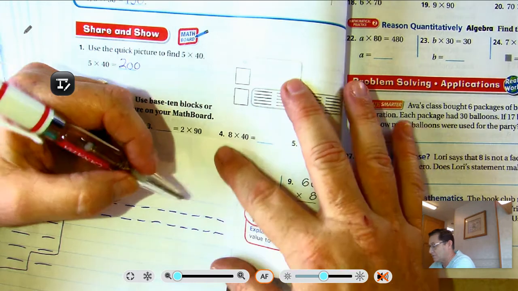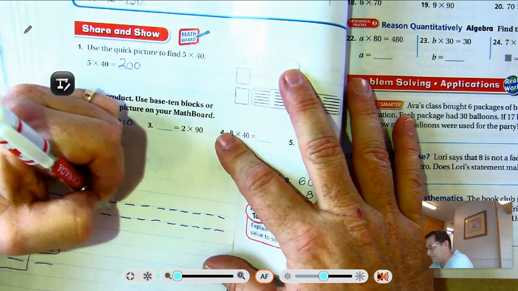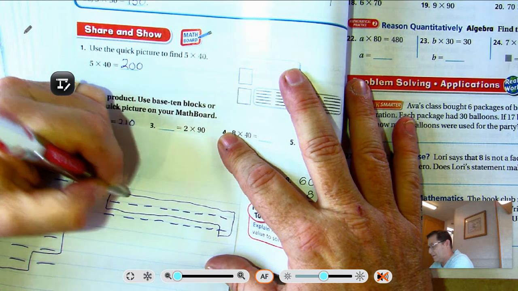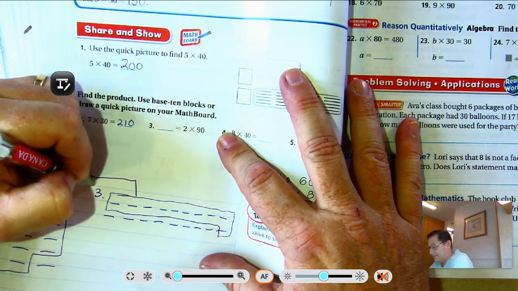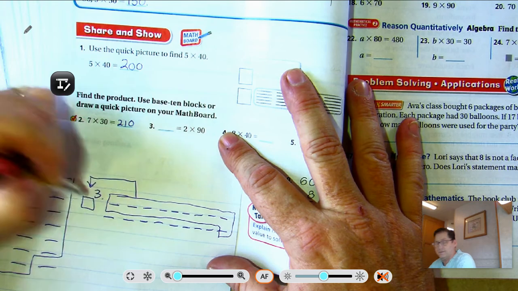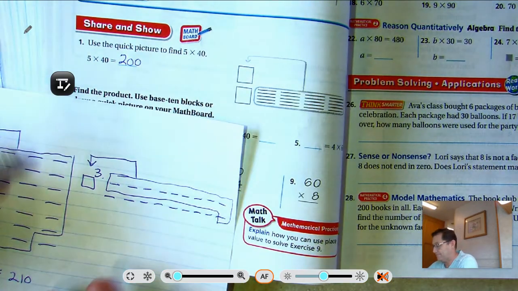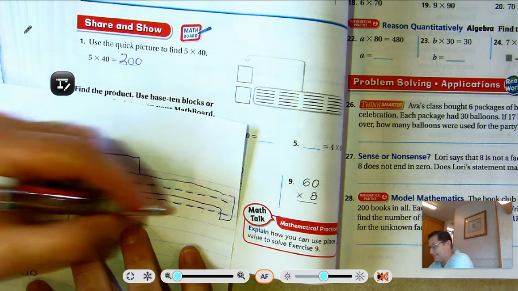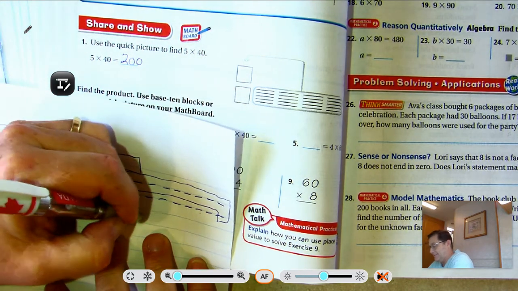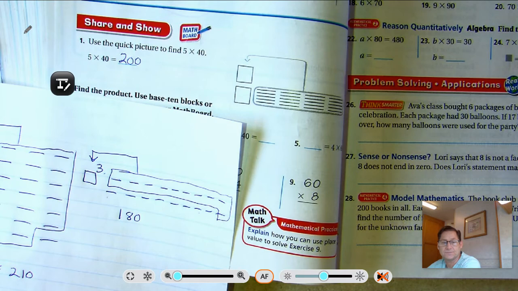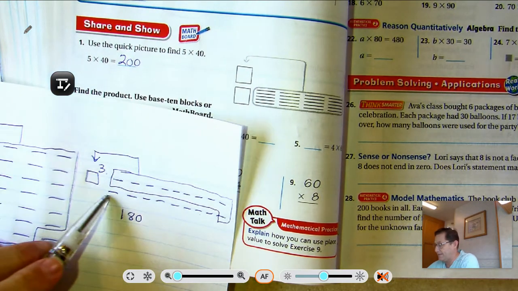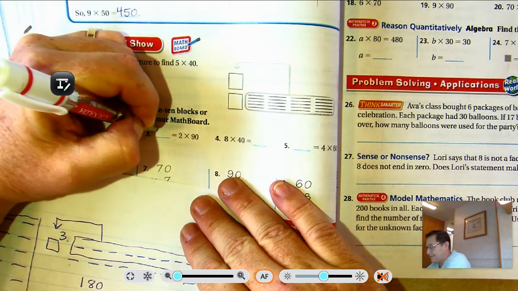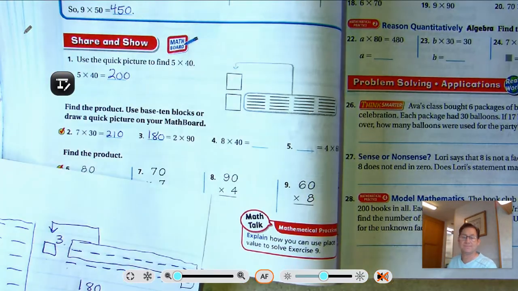So I can circle 10 of them. Okay, I'm going to trade those 10 10s for 100. And we have 1, 2, 3, 4, 5, 6, 7, 8 10s. 8 10s is 80. So 180. 100, 10, 20, 30, 40, 50, 60, 70, 80. So 2 times 90 is 180.